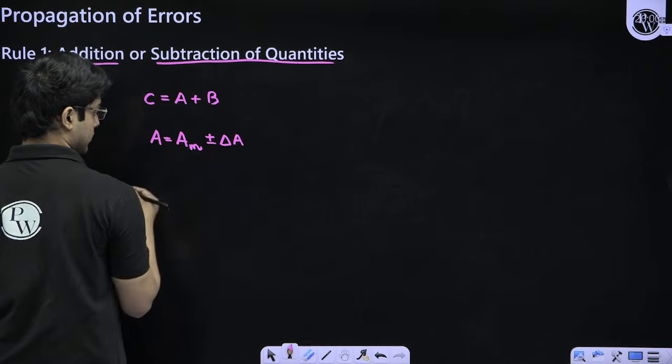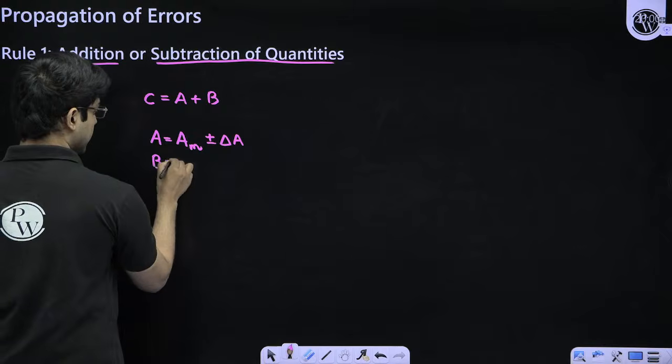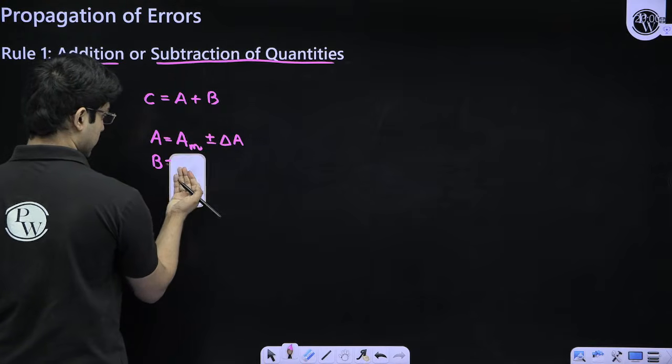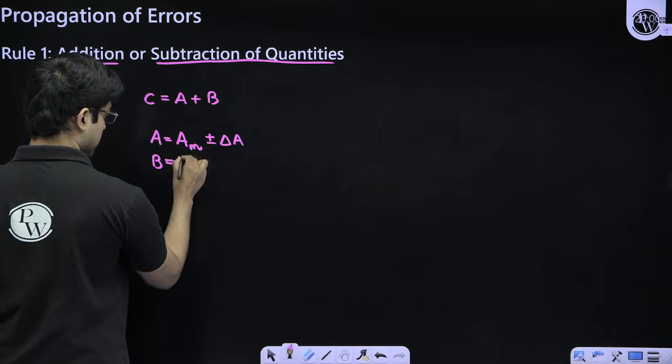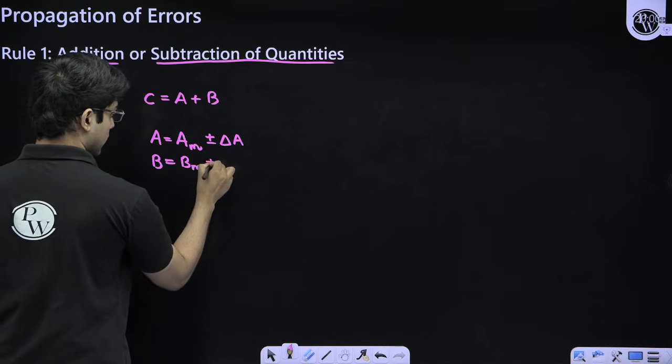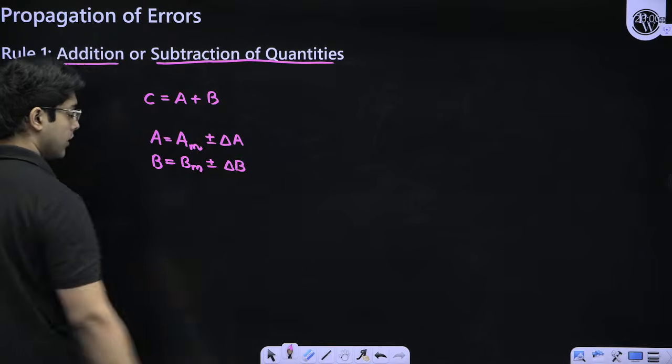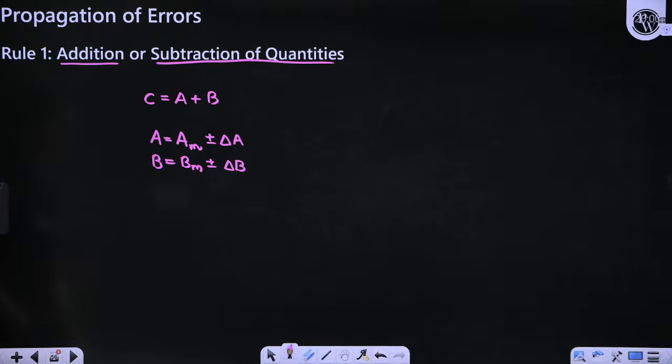B, we can write it as some measured value BM plus minus the possible error which is delta B.